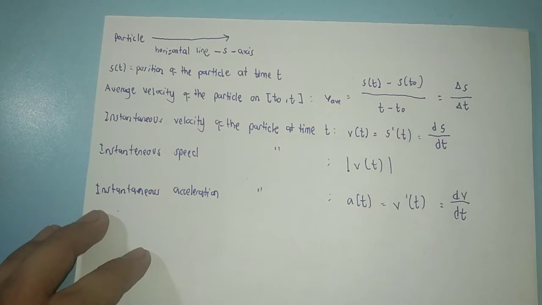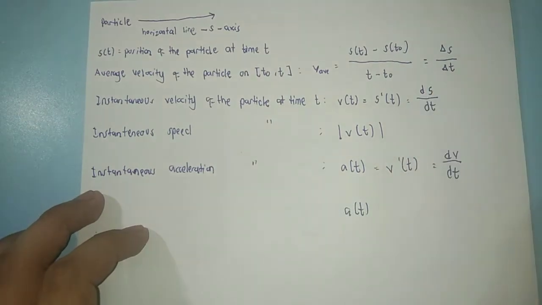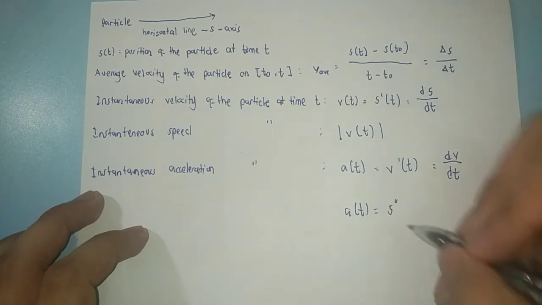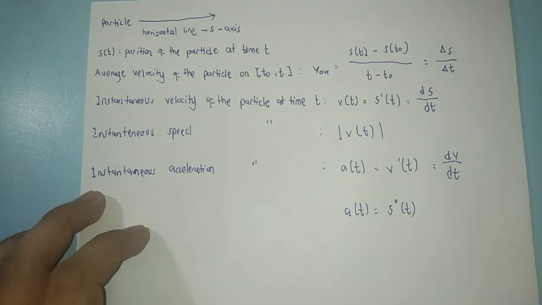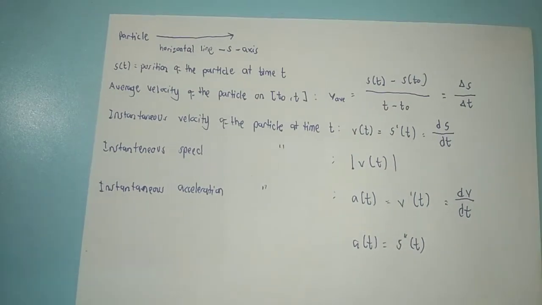Or, since yung v natin is the derivative of the position, yung acceleration natin, given the position of the particle, will be the second derivative of the position. Okay, so ito yung mga formula na gagamitin natin mamaya.